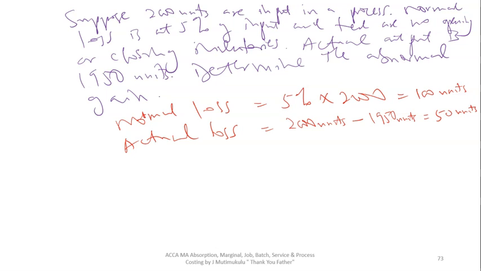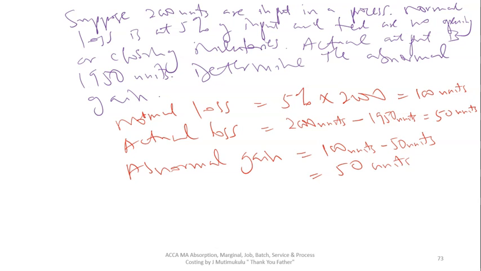So obviously there's been some abnormal gain. The abnormal gain is now 100 units minus 50 units, which means there is 50 units more.